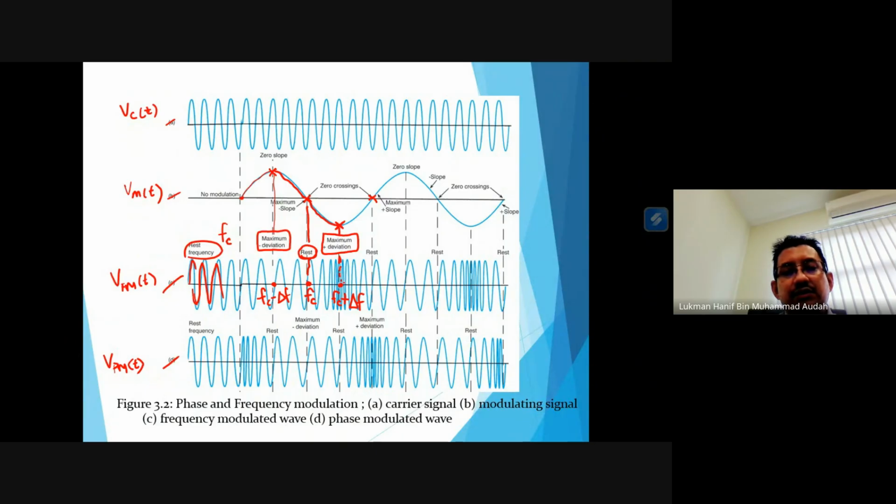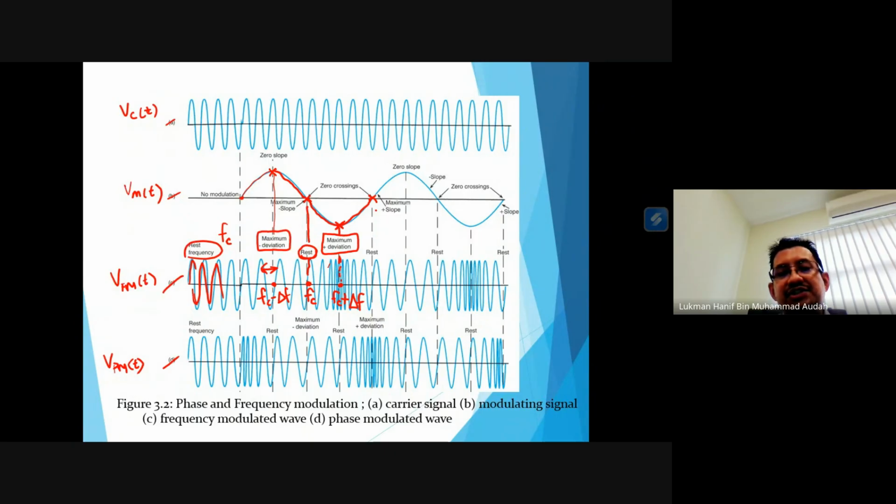So you see that at maximum frequency, the ripples are close to one another. Dia punya gelombang tu rapat-rapat. So that means it is a high frequency. If the ripples are far away from each other, that means it is a low frequency. Then the signal moves again towards zero crossing.